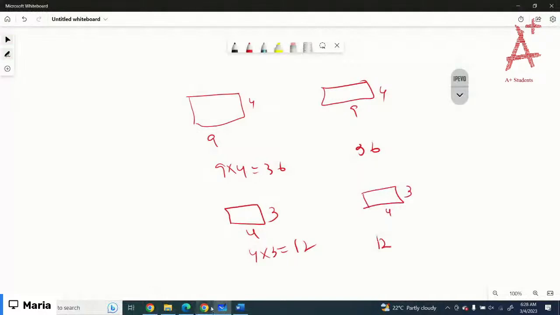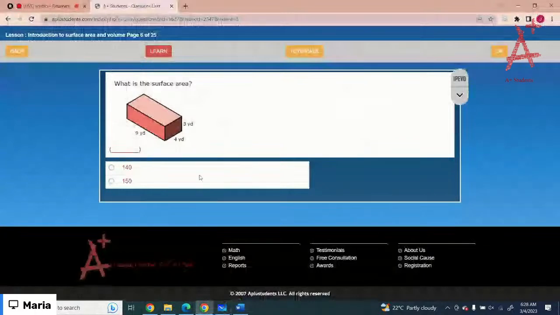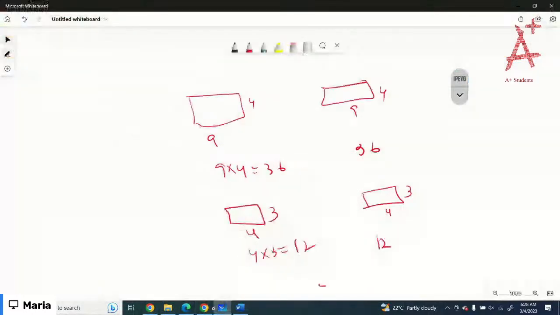Okay, now 9 and 3. The other side is 9 and 3. So it would be 27, and 9 and 3, it would be 27. For the surface area, you have to add up all the values.